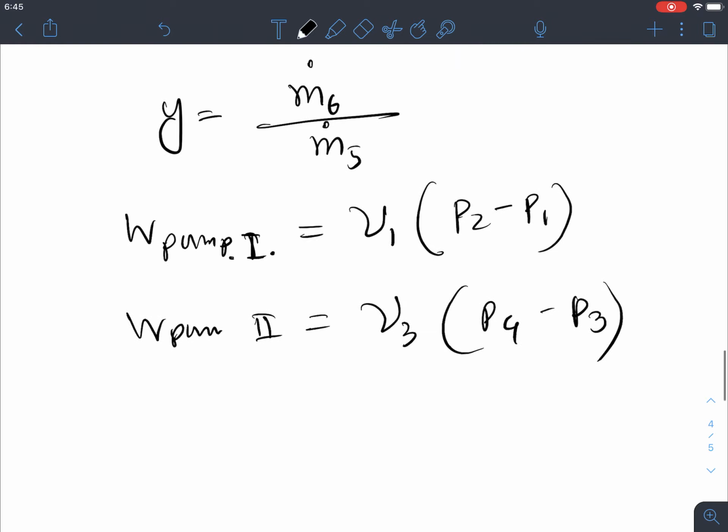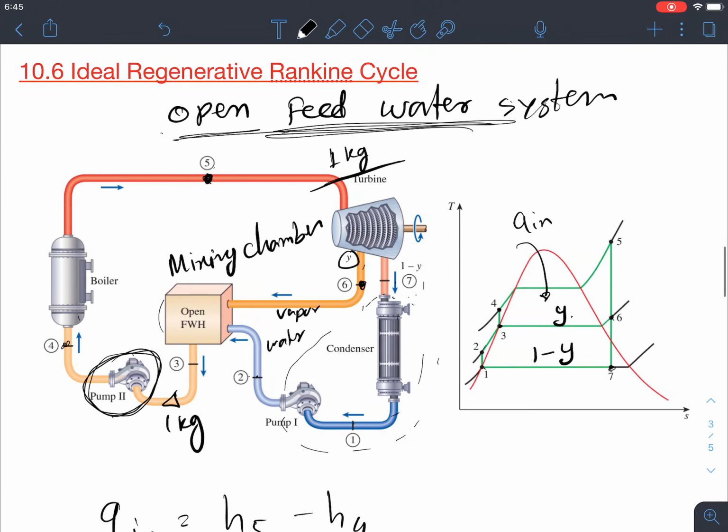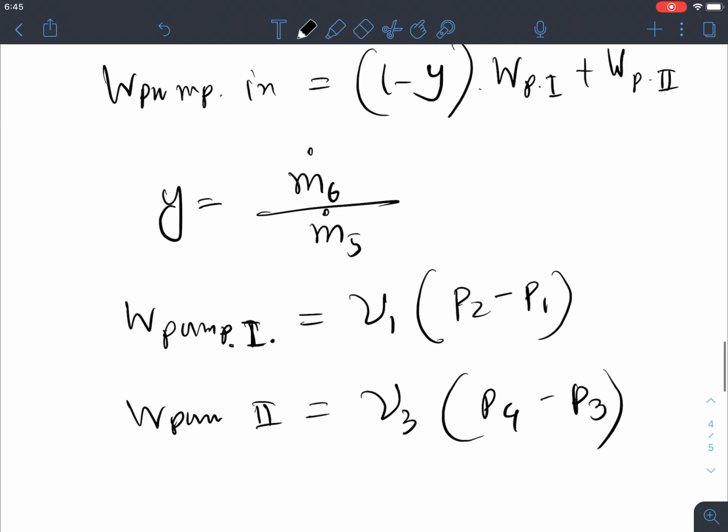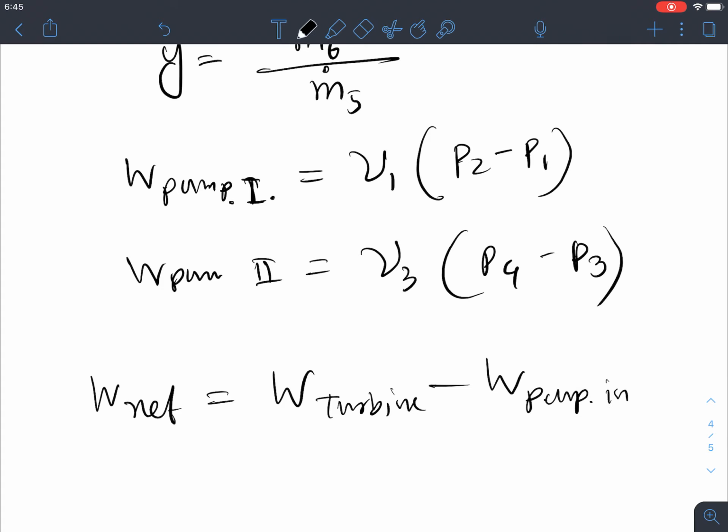So now we can see from this diagram that we know all of those conditions: pump input, heat input, turbine output, right? So we can determine the W net, Q in, and the efficiency. The W net would be the W turbine output minus the W pump input, right?